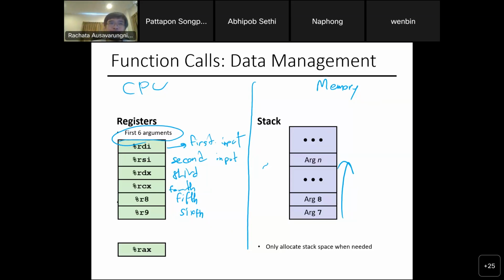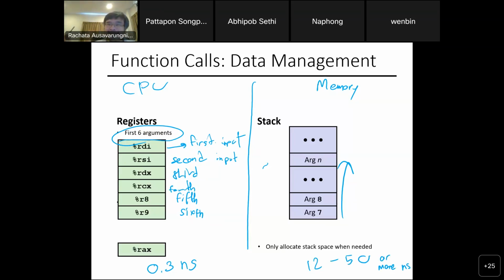Which one of them is slow? Which one of them is fast? Register is really fast. With your modern CPU, it probably takes maybe around 2.3 nanoseconds to get to the data in the register. For the memory, it would take 12 to 50 or more nanoseconds to get to your memory.